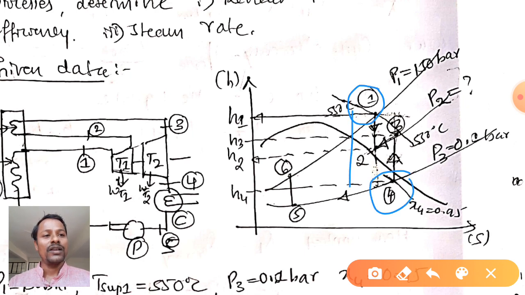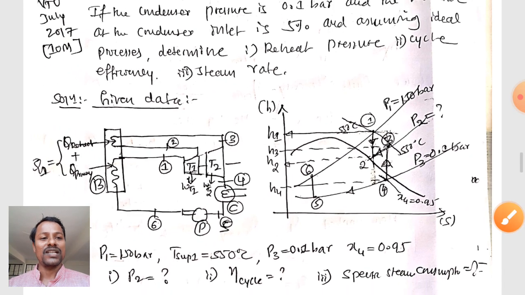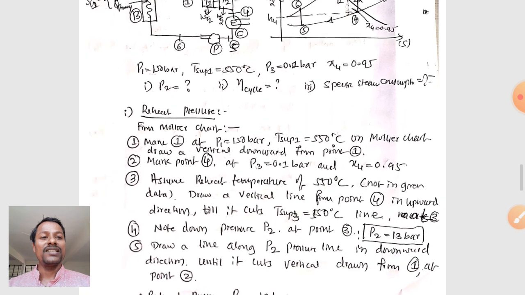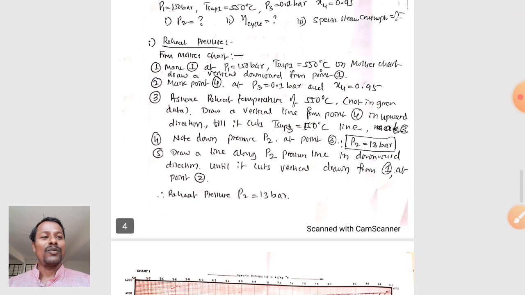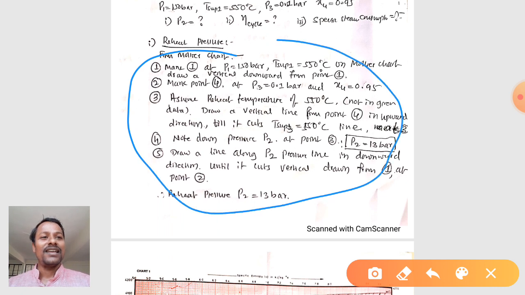We moved in the downward direction from state 1, in the upward direction from the state 4, and we followed the procedure to fix the state 3 as well as state 2, and we were able to calculate this one. So this is the change that we must remember, and please follow the procedure that is mentioned here.